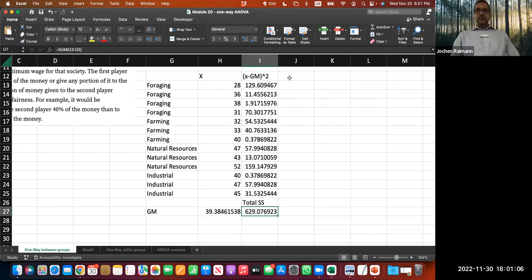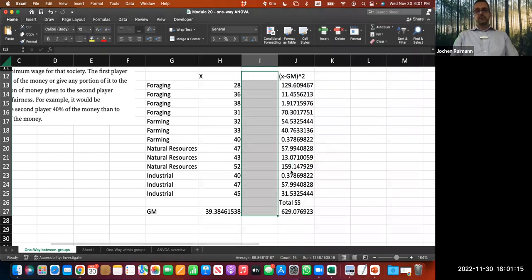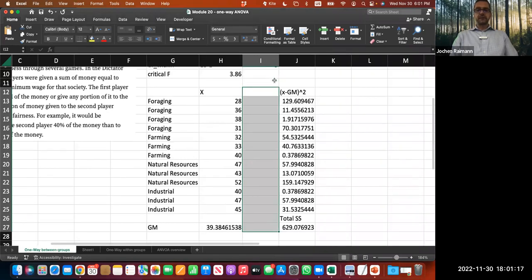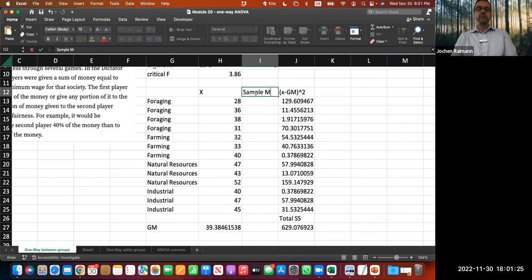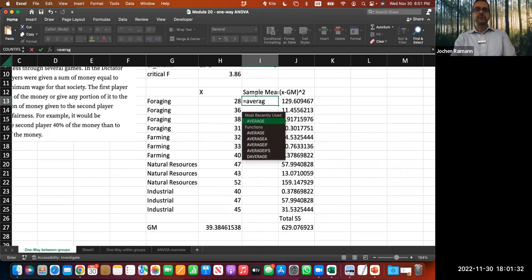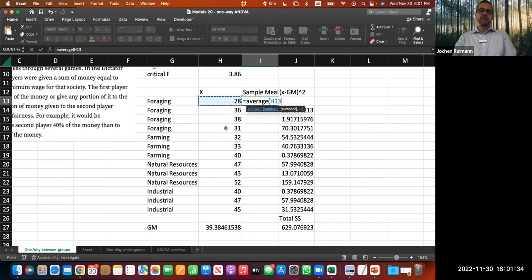Now there's an additional parameter that you will need, which is your sample mean. This is where you shift a little bit to the right, because for the sum of squares you need a group mean. This group mean is the sample mean. It's a little tedious because you need to create averages for each of these groups.